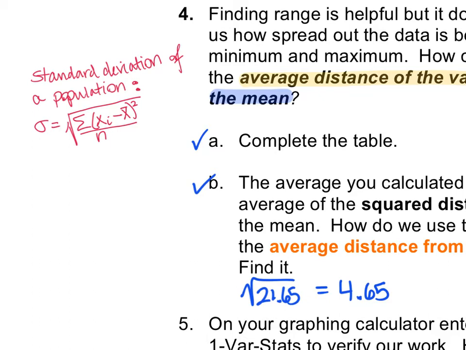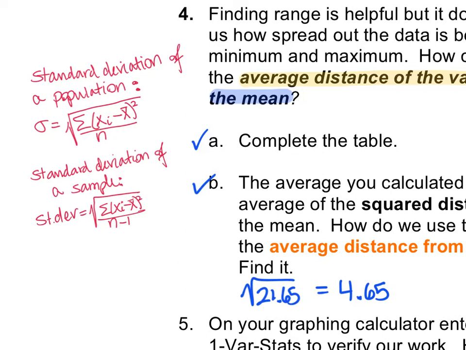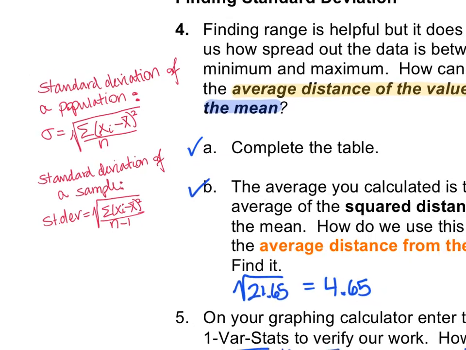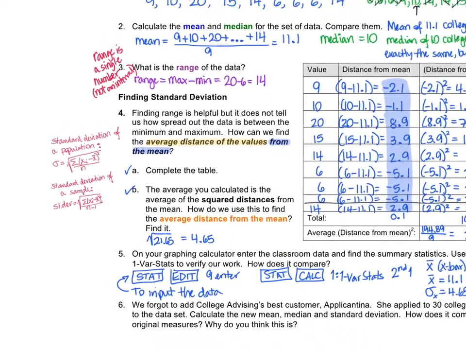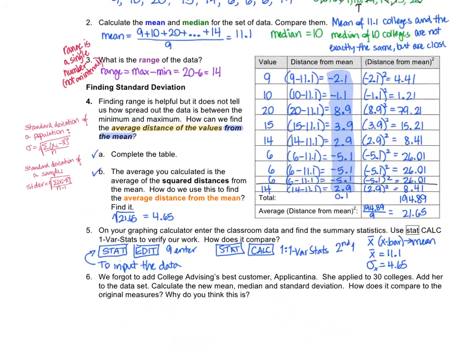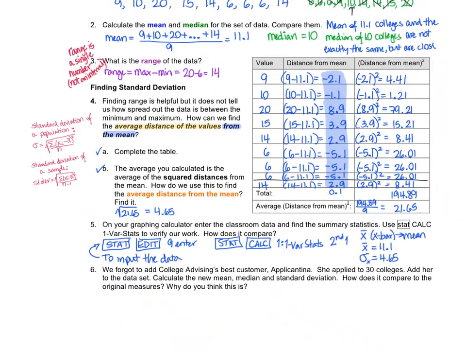The other formula is very similar, except instead of dividing by n, we divide by n minus 1. So you may want to jot those down. Again, for the most part, we're not going to be using the formula, but it is good that you know where all of the numbers come from, and that formula is on the formula sheet that you get for the exam.